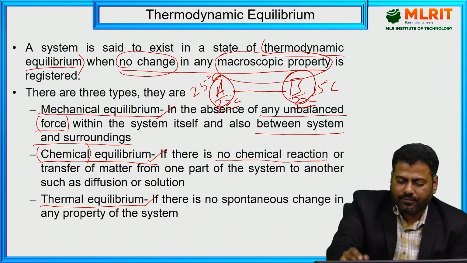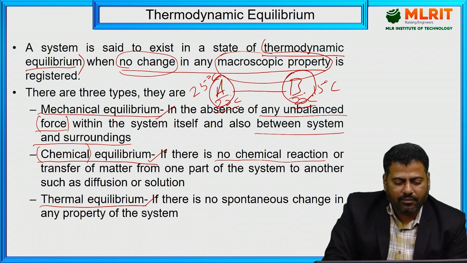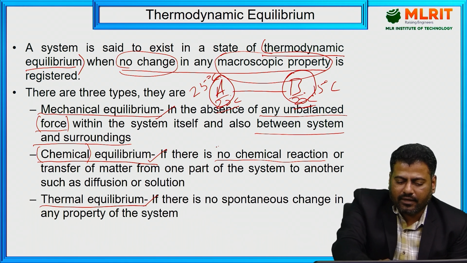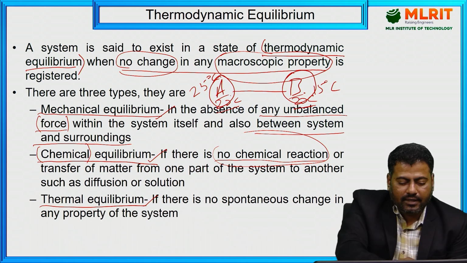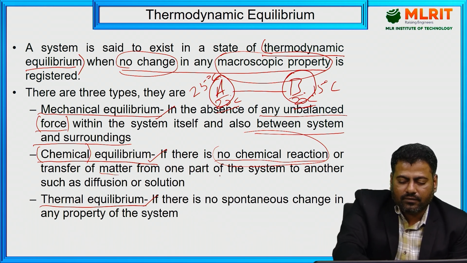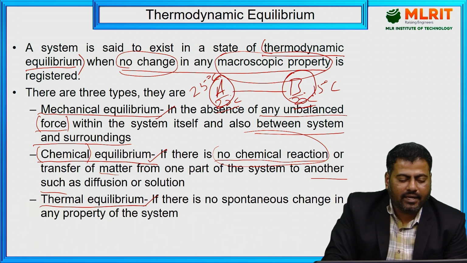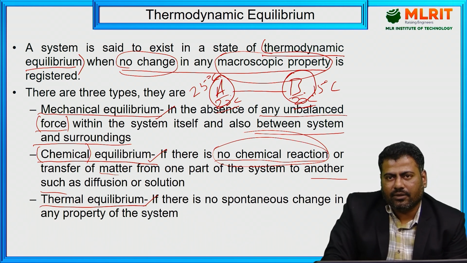A system is said to exist in a state of chemical equilibrium when there are no changes in the chemical reaction, or no transfer of matter from one part of the system to another part. Then we can say this system reaches chemical equilibrium. Got it? So whenever there is no chemical reaction, we can say it reaches chemical equilibrium.